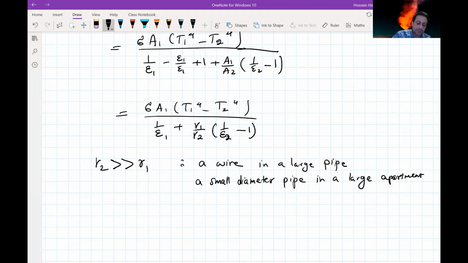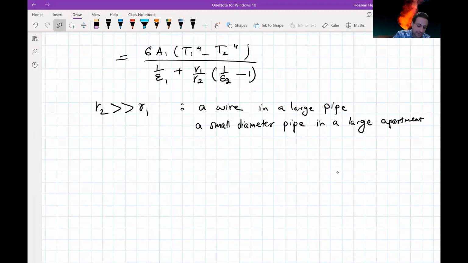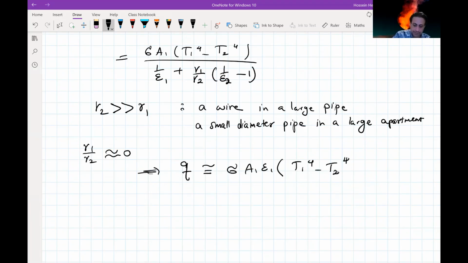So if R2 is much larger than R1, then we can say R1 over R2 is approximately 0. Then from here, Q net is going to be approximately sigma A1 epsilon 1 (T1 to the power of 4 minus T2 to the power of 4).